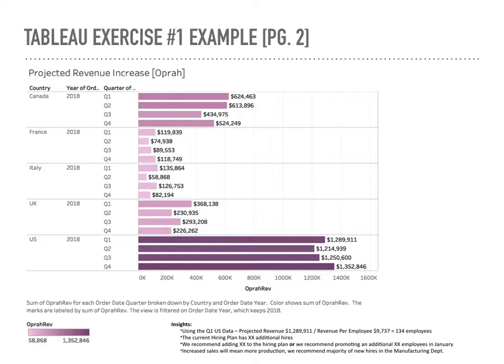And again, I'm thinking about increased revenue. We know there's going to be a higher demand for our product, therefore certain departments are going to be busier. Increased sales will mean more production, so we recommend the majority of new hires in the manufacturing department.